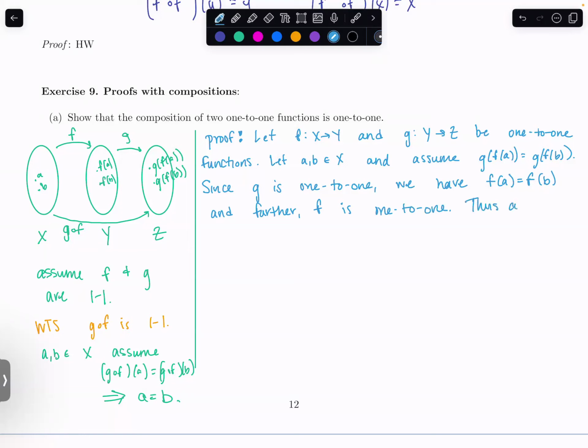Thus, a actually equals b. So since a equals b whenever g of f of a equals g of f of b, g of f is one-to-one.